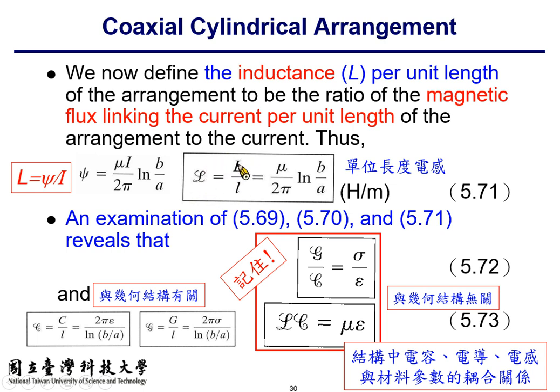So you divide the total inductance by length to get the per unit length inductance.